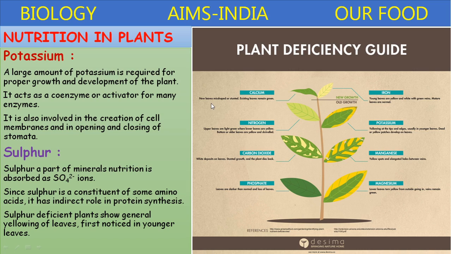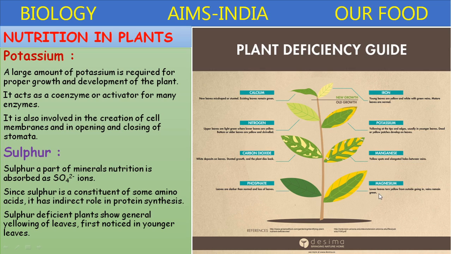Calcium: new leaves are misshapen or stunted, meaning the growth is not proper, while existing leaves remain green. Phosphate: the leaves are darker than normal, and loss of leaves also takes place in the absence of phosphorus. Phosphorus is absorbed by the plant in the form of phosphate ions.